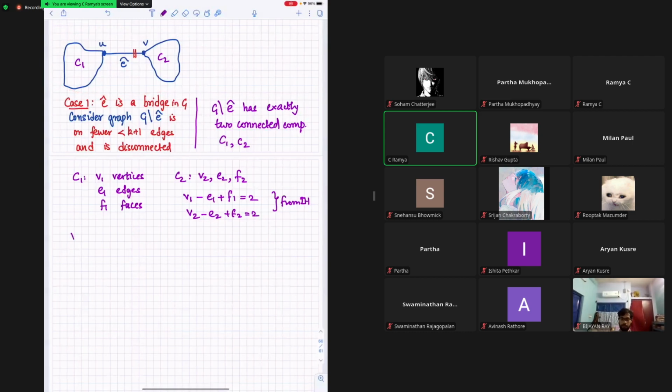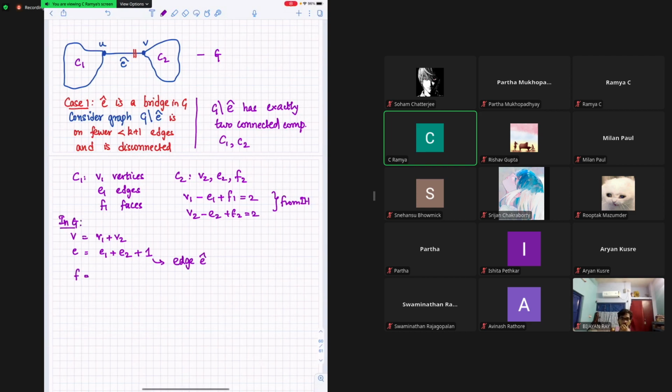So how many vertices V are there in this graph G? There are V1 plus V2 vertices. You did not remove any vertex. What about the number of edges? It's E1 plus E2 plus this one, the edge E tilde. So these are the relations in G.